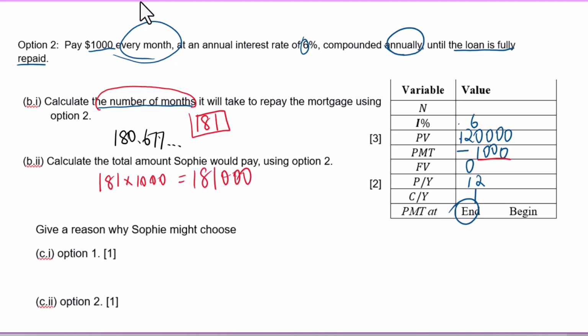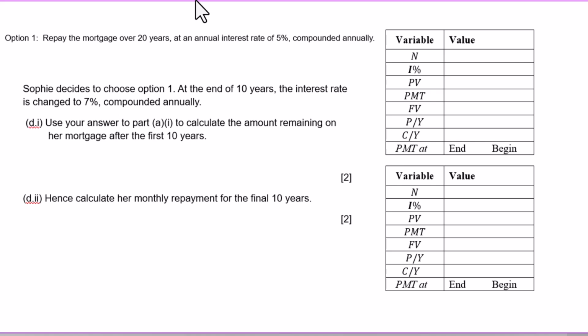Give a reason why Sophie might choose option 1: lower monthly repayment. For option 2: lower total amount of repayment. Sophie decides to choose option 1.